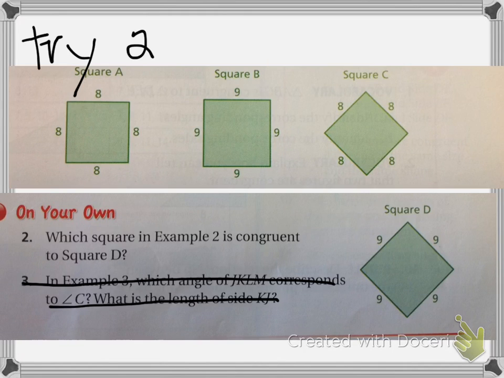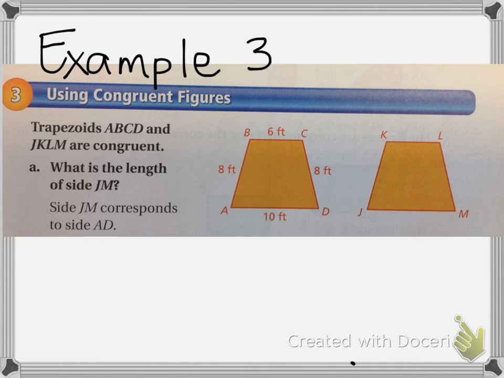Now you're going to try question number 2 on your own. Which square in example 2 is congruent to square D over here? Type in your answer and then move on. Then we have example 3.